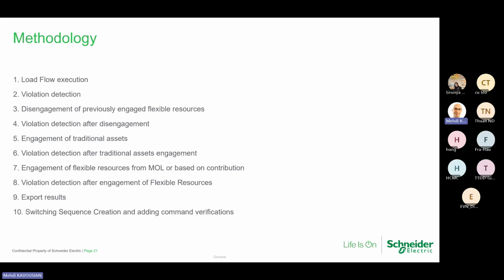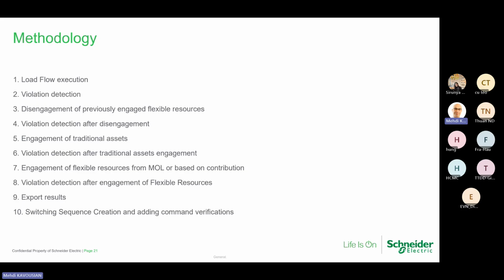If there are no violations, first it disengages anything that we had before, and then simulates the load flow with those engagements. If you have new violations, we need to engage more. If the situation is resolved based on the new state of the system, it will disengage those ones. And then it calculates the violations after this.